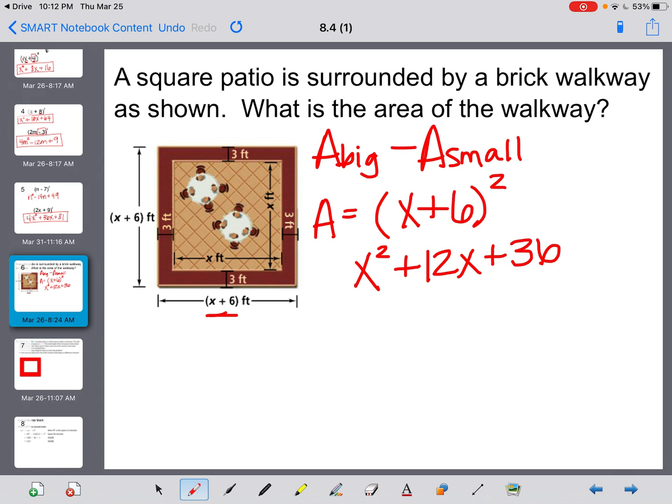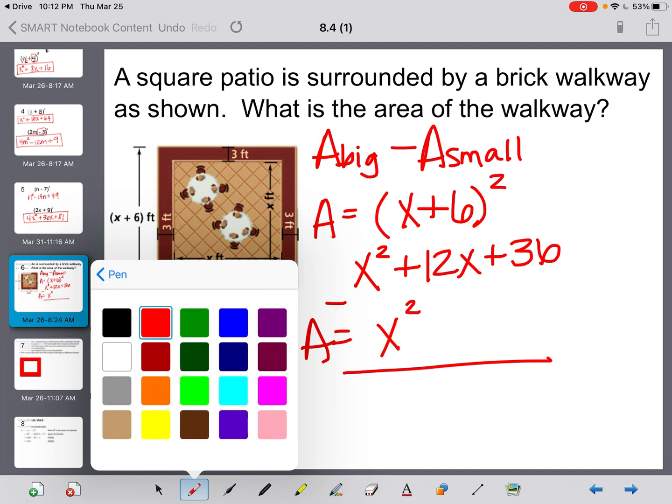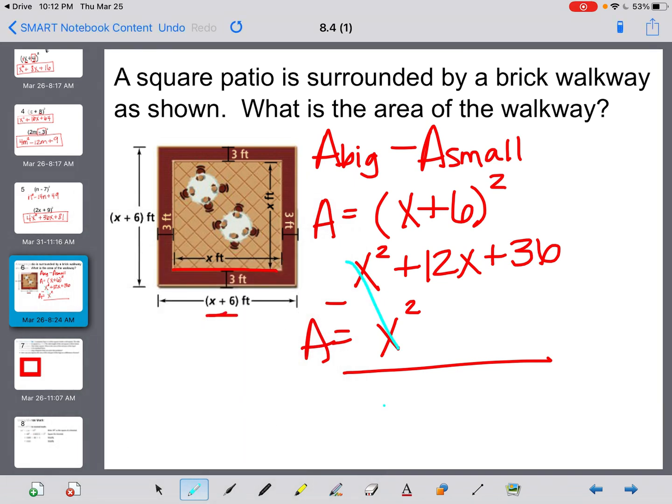Then that little square on the inside, they're saying is just x feet. That's one side. So I should just be able to do x to the second power. Now if I subtract these, I already have them lined up. These two are going to cancel each other out, these x squareds. And I'll be left with 12x plus 36 feet squared.